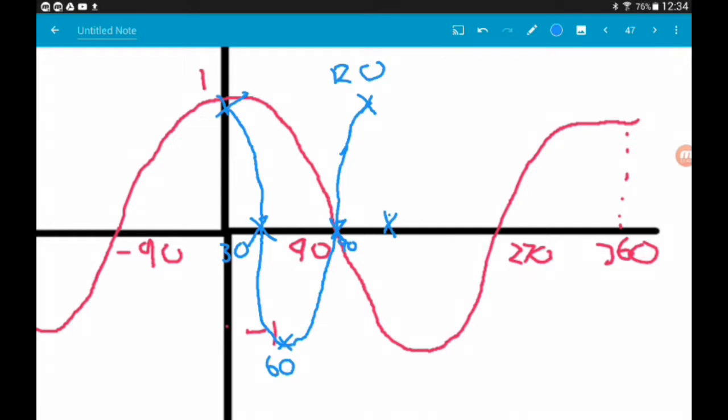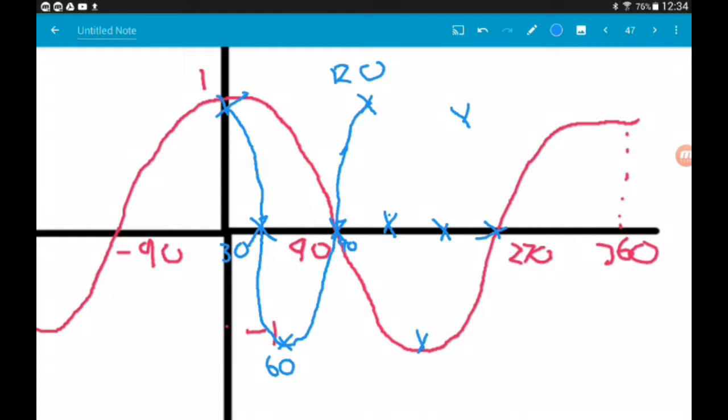And then the next thing is a trough at 180. Next thing is an x-intercept at 210. Next thing to come is a peak, and that's going to be at 240. Next thing to come is an x-intercept, that's going to be at 270.